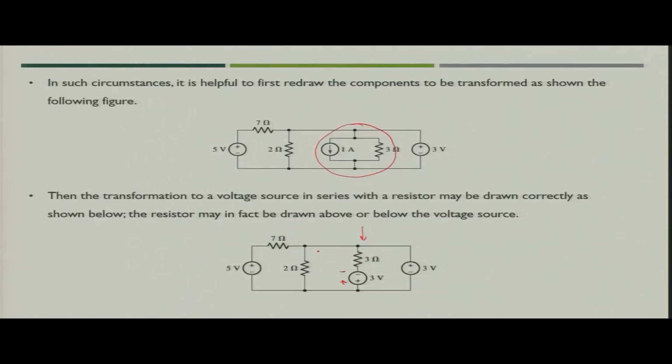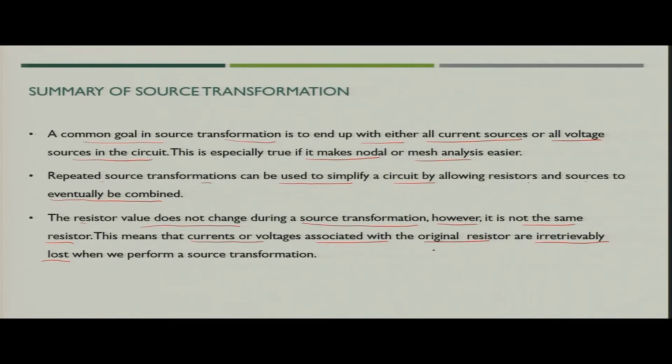That means that after the transformation, the same 3 ohm resistance will not give you the same output. Now the location of the 3 ohm resistance has changed. So in that way you can say that the resistor value is the same, but its association has been irretrievably lost.